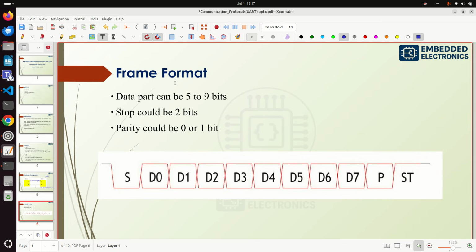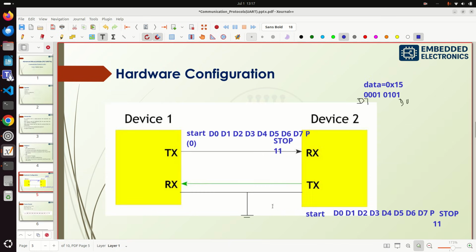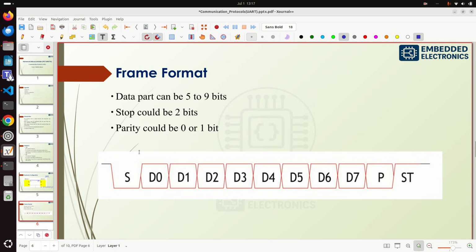The same thing here: parity could be either 0 or 1 bit, and stop bits could be 1 or 2 bits, right? The start bit is 0, and here we have D0 to D7 data. This is the start bit, this is the parity bit and this is the stop bit. The data part can be minimum 5 and maximum 9 bits.